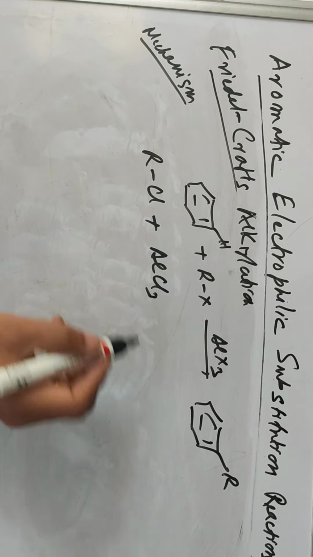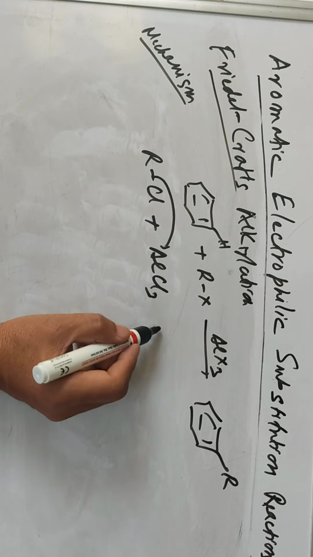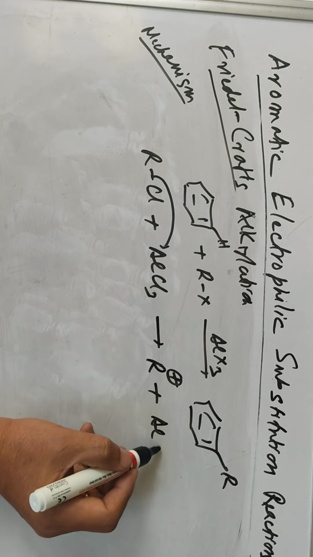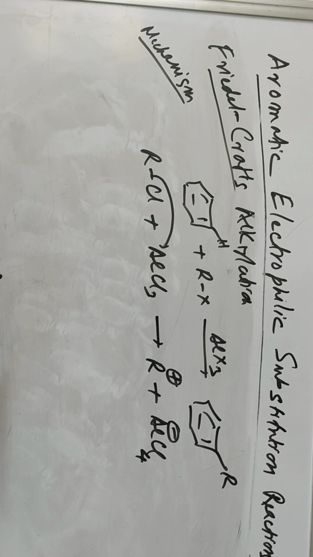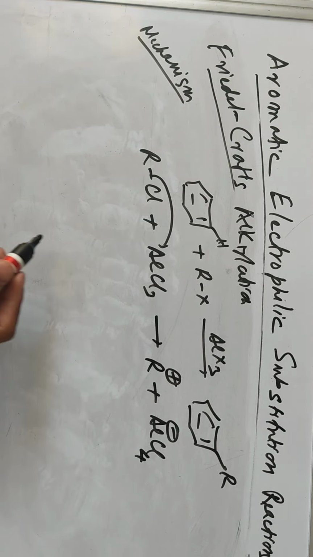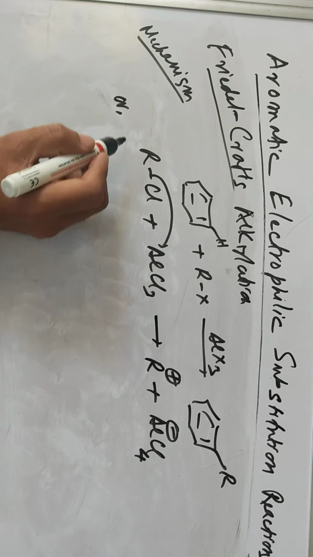So chlorine gives this reaction, and we can have R positive, which is the electrophile, and AlCl4 negative. This way you can write the mechanism of the alkylation, or you can write it in more detail.